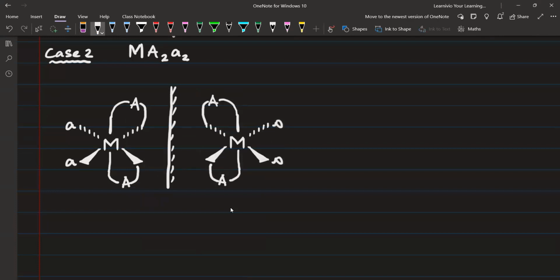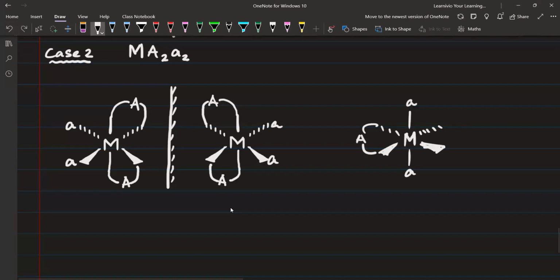Now this complex will also show a geometrical isomer. कैसे? Let me show you. Metal, अब इस टाइम going to keep the monodentate ligands, that is A, opposite to each other, इस तरीके से, and these ligands which are the bidentate will be opposite to each other like this. है ना?